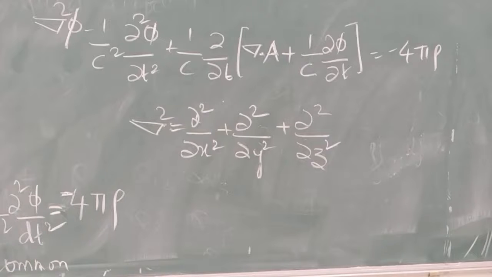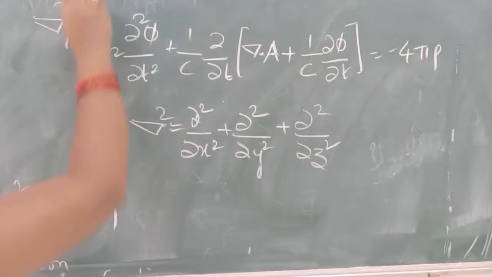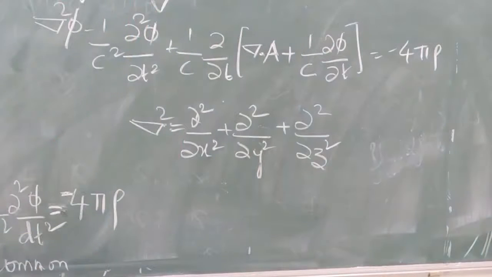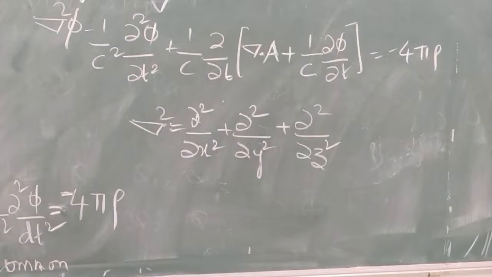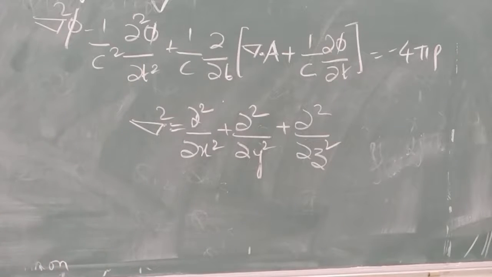And from these two terms, this and this, what can I take common? I can take phi common. Please observe this. From these two terms, what can we take common now? Phi we can take common. Right?